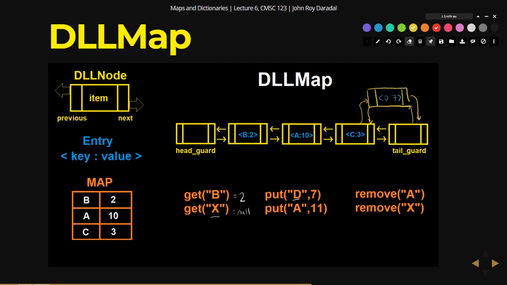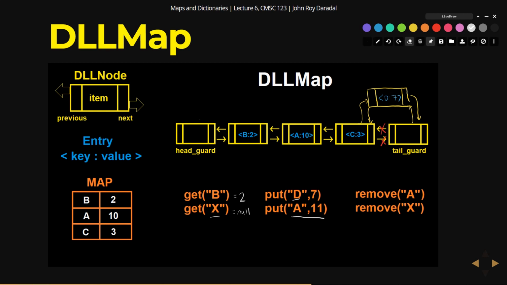So these 2 links won't exist anymore. So that is how we add the new entry D7 to the map. So you add a new DLL node and then add it maybe to the back, or you can also add it at the front if you want to, since it's unsorted, but in this case I just added it to the back.